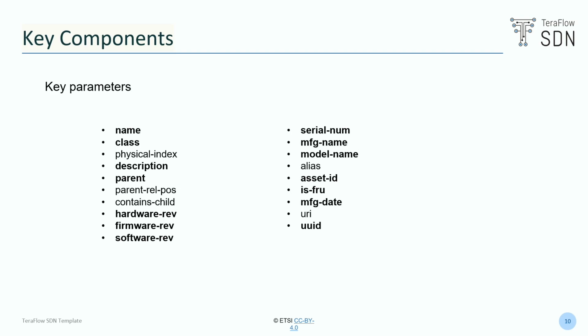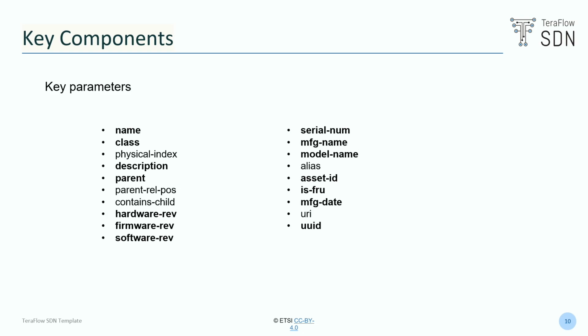These are all the parameters that the RFC implements, and I highlight only the parameters that we think are more important that we implement. We have the name, the class, that is the type of the component. It can be the class fan, class power supply, class transceiver, class port.